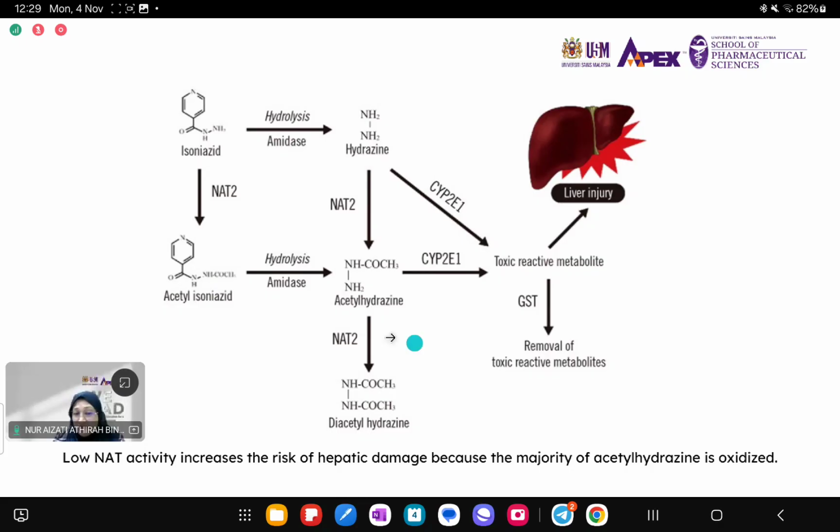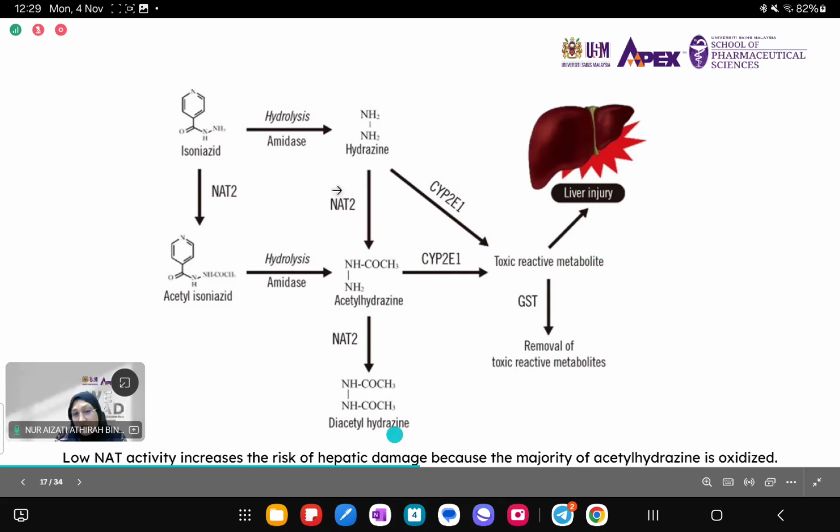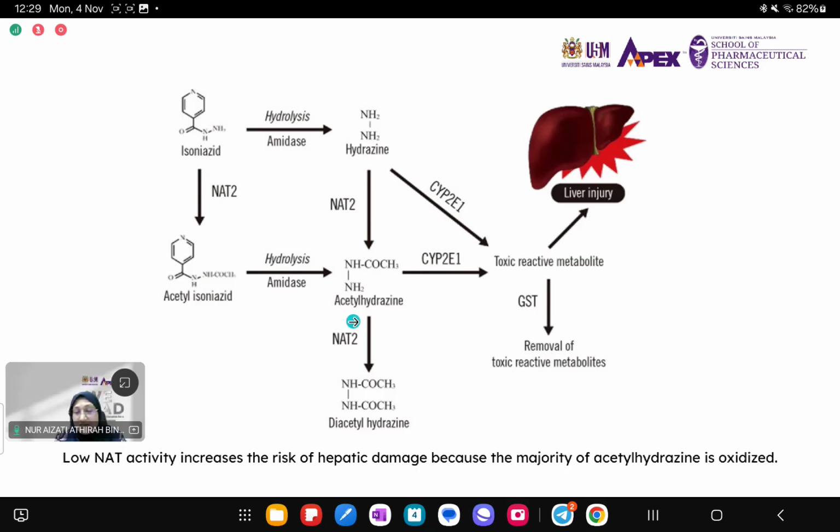So kalau kurang kat sini kan, NAT2 kat sini, it will convert this acetylhydrazine to the less toxic diacetylhydrazine. So kalau kurang NAT2 activity kat sini, it will be more of the toxic reactive metabolite in which it will cause liver injury to the patient.